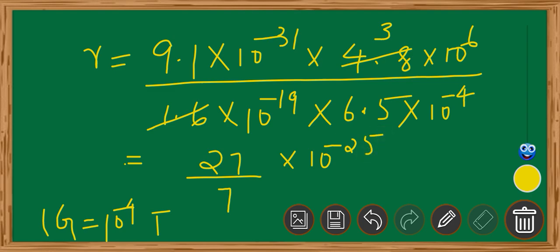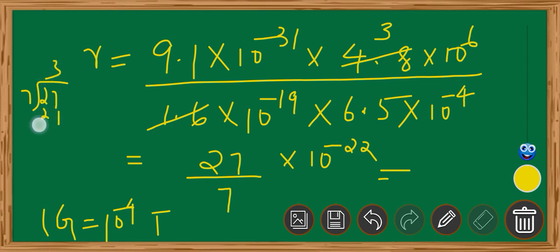And we have 10^-19 and 10^-4 in the denominator, so it is 10^-23 going up. So 10^-25 into 10^23 gives 10^-22. Okay, so what is 27 by 7?